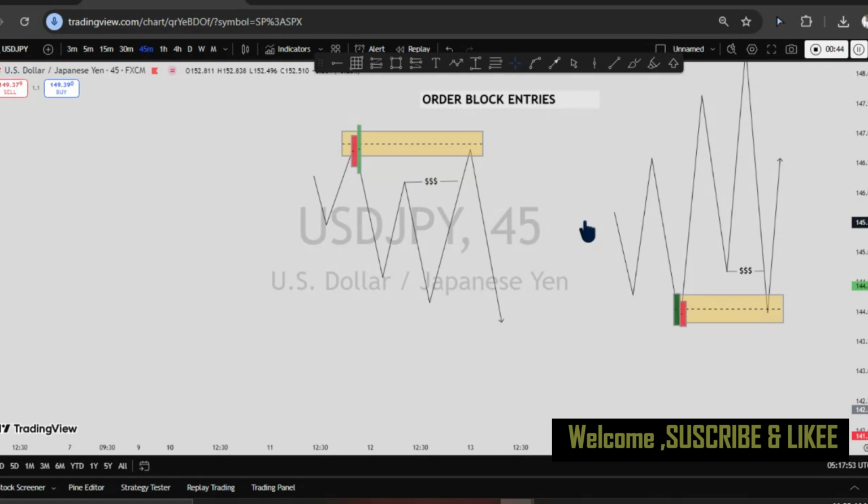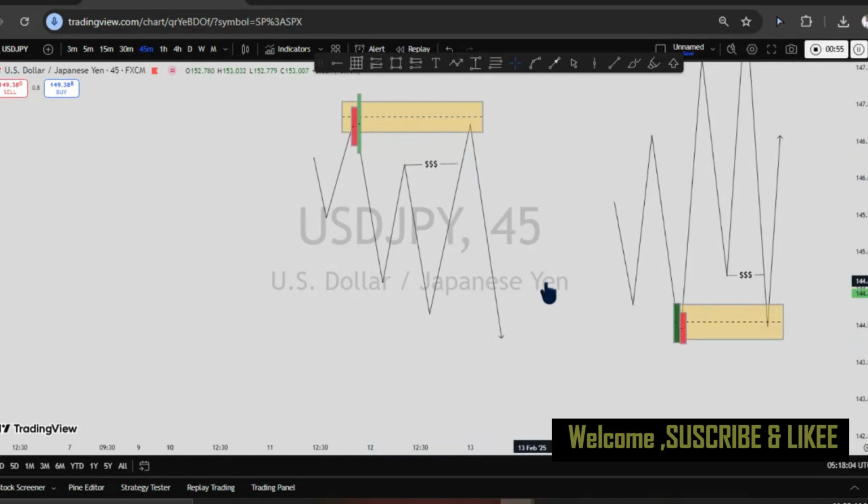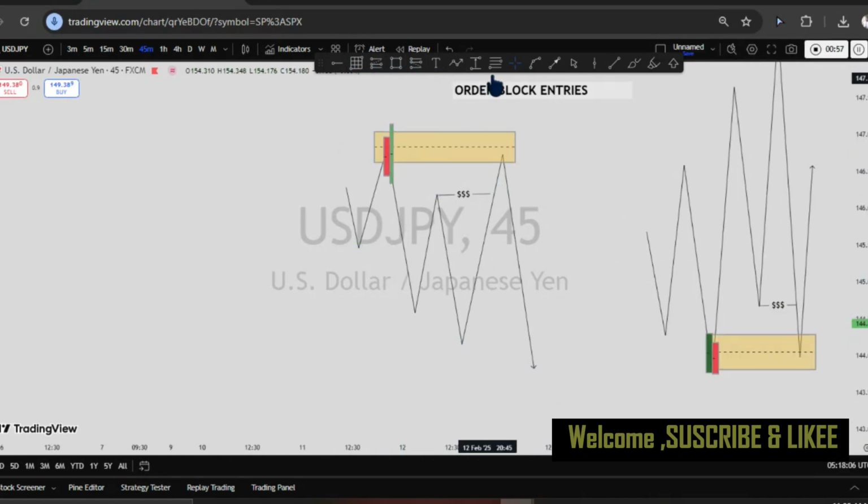Now, the breaker block entries are entry patterns where we see a break of structure, first break of structure, and also the second break of structure. Then the market comes to the order block to take the entry.